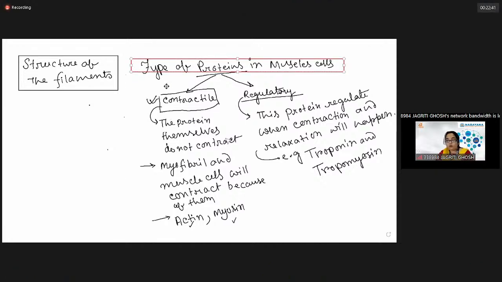First we will be talking about the structure of thick filament, and second we will be talking about the structure of thin filament. First, we will be talking about our thick filament, which is also known as myosin. Give a heading: thick filament.